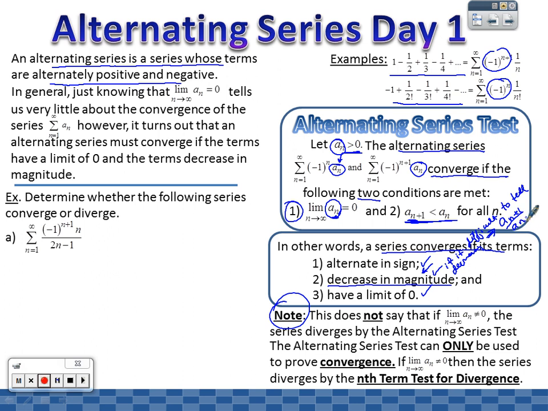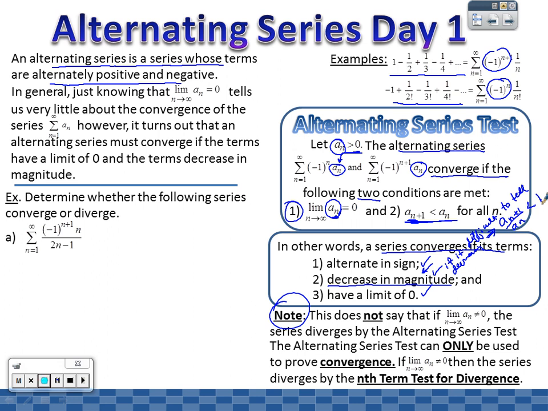We work that ratio out and simplify it. If that ratio turns out to be less than 1, then it's decreasing. That is a way that we can get around the fact if they're really difficult. I don't have one on these notes, but I do have one on the daily work where you would need to test a sub n plus 1 over a sub n.